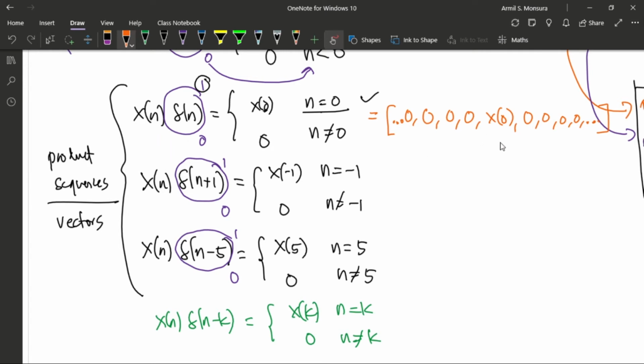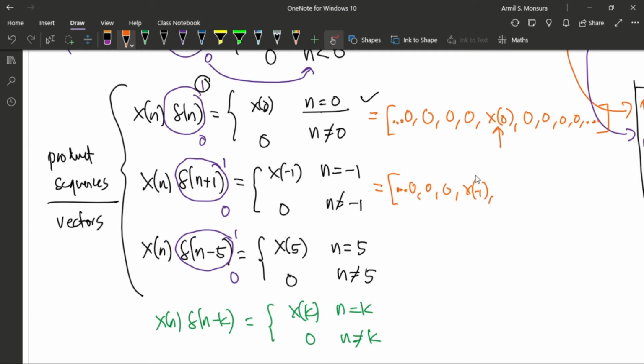So, ngayon, ito yung arrow natin that represents the value of your sample when n is equal to 0. So, yun yung product sequence natin para dito. While for this one, this would be same time indices, no? 0, tapos 0, tapos 0, tapos ito, x of negative 1 na to. Kasi kung ito yung x of 0, this would be x of negative 1.